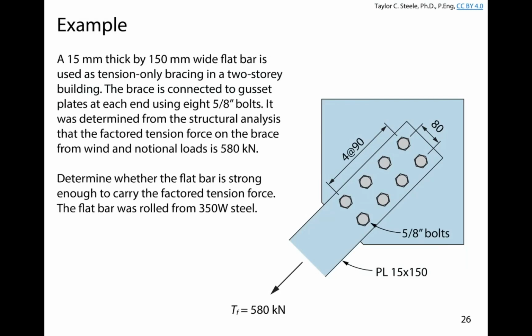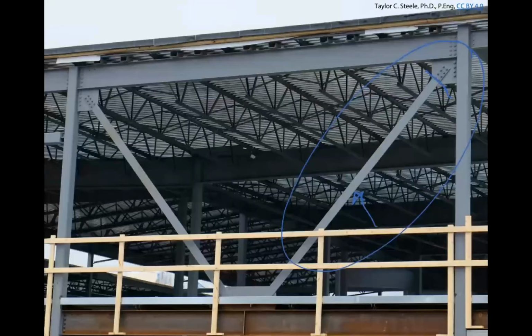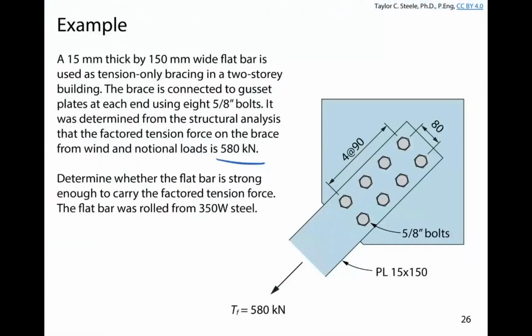It was determined from the structural analysis that the factored tension force on the brace from wind and notional loads is going to be 580 kilonewtons. This is actually the force that's specified on the drawing of this brace. I was able to actually see the drawings for this particular structure, and it said here, AF is 580 kilonewtons tension only. That's the actual force that this brace was designed for by the structural engineer.